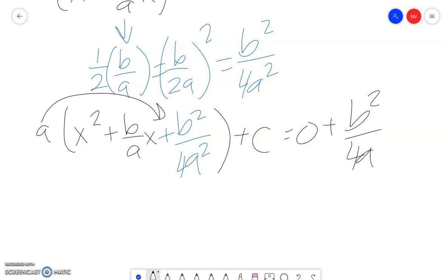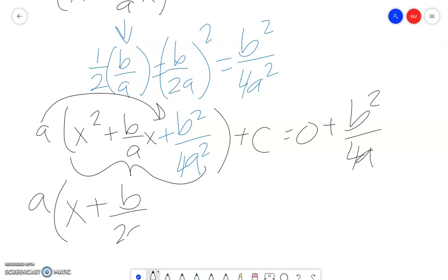So what we are left with here is a perfect square trinomial. So you are actually able to factor that with the same two factors. What those are going to be is x plus b over 2a times x plus b over 2a.